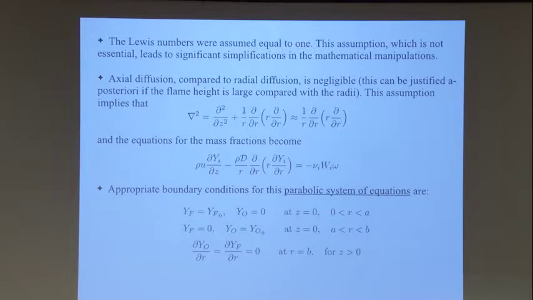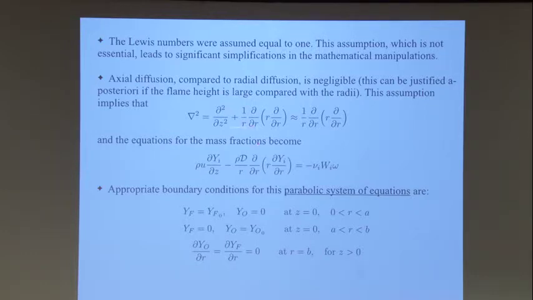And so what Burke and Schumann did, they neglected the axial diffusion. In other words, they say diffusion occurs only radially. Well, you can justify this if the flame is long enough compared to the radial distance. One can do it more mathematically, but I left here things in the spirit of Burke and Schumann.